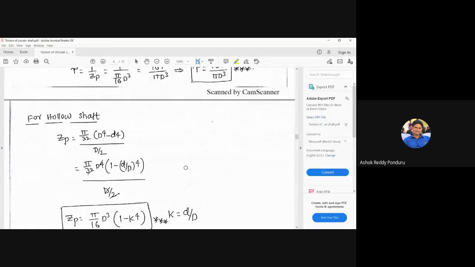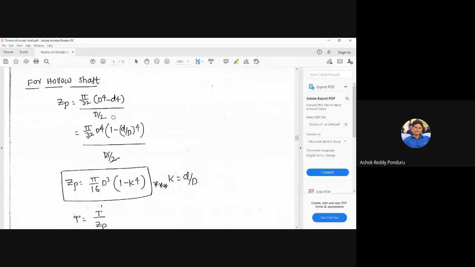Okay, next one, for a hollow shaft, ZP is equal to pi by 32 into D power 4 minus small d power 4, divided by D by 2. Here we may get a doubt, sir, which diameter or which radius we are going to consider in J by R? Please remember, we should consider the outer radius. That's why I'm considering outer diameter divided by 2.